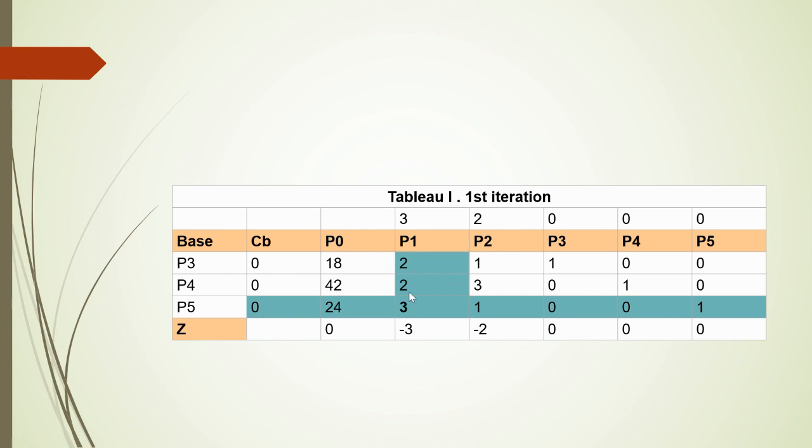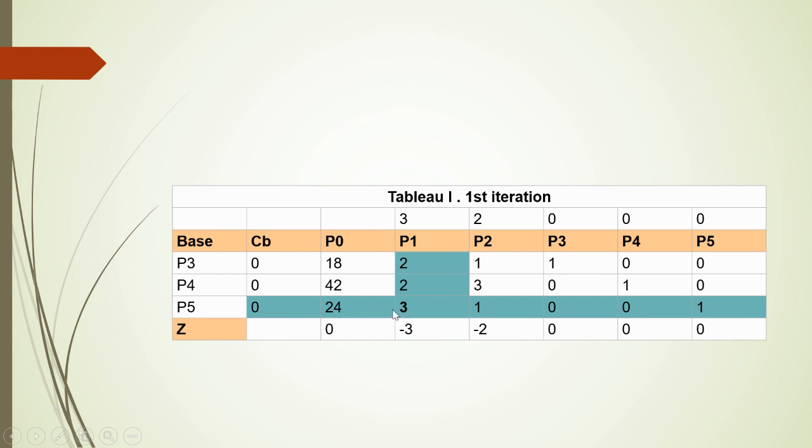So this is the pivot column, or key column, and we will compute the ratio by dividing the RHS by the pivot column elements. Here 18 by 2 is 9, 42 by 2 is 21, and 24 by 3 is 8.